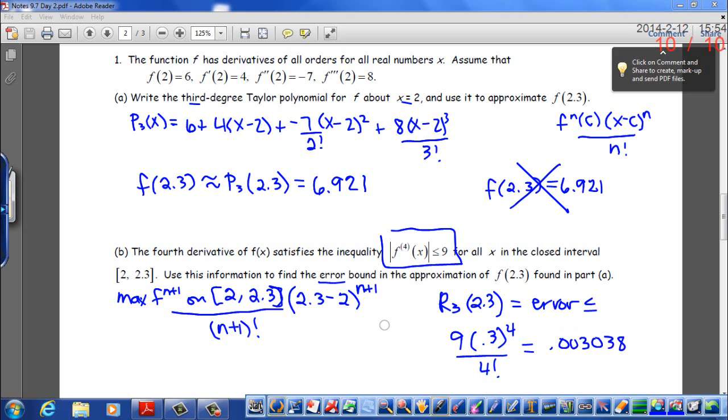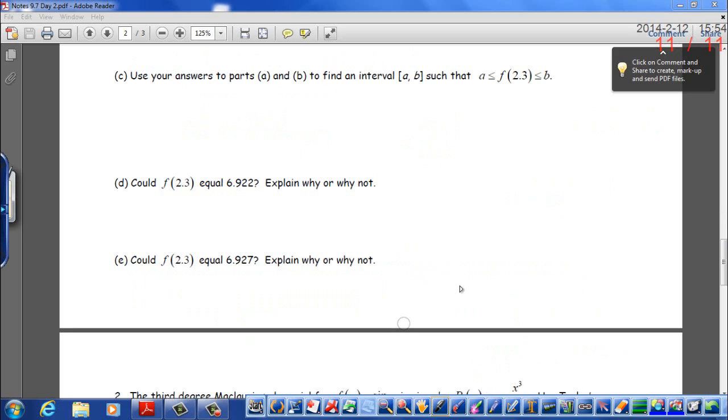Okay, let's look at the next part. Use your answers to part A and B to find an interval A to B such that A is less than or equal to f of 2.3 is less than or equal to B. All right, so we're supposed to use our answers to parts A and B. Well, in part A, we found that P3 of 2.3 was equal to 6.921.